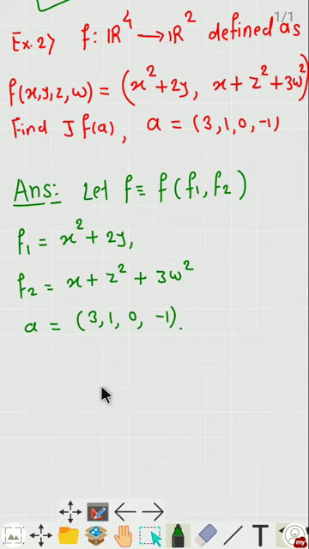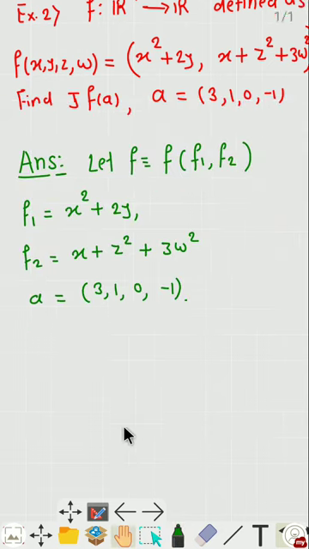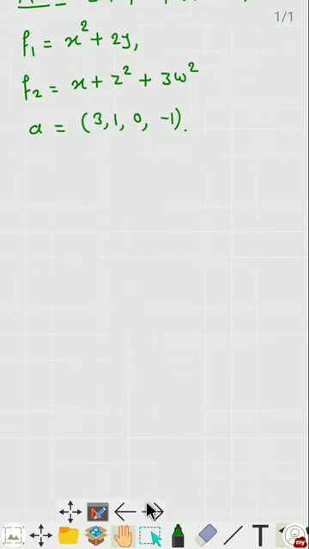Now we start to find out. So first of all we write the formula for the Jacobian. Okay, so what is the Jacobian for this function now?